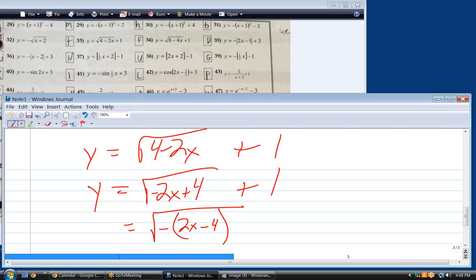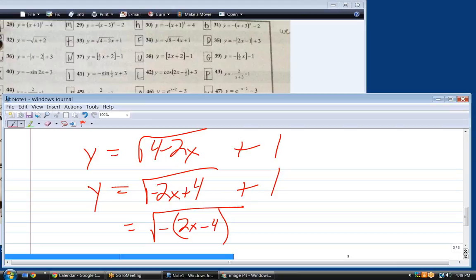But after I reflect over the y-axis, I have to move it to the right by 4, not to the left. Okay. And it's all because of the fact that I want to put minus in front of everything else that is in that function. You see why this is the same as this? Yeah. Minus 2x plus 4. This is the same as this.